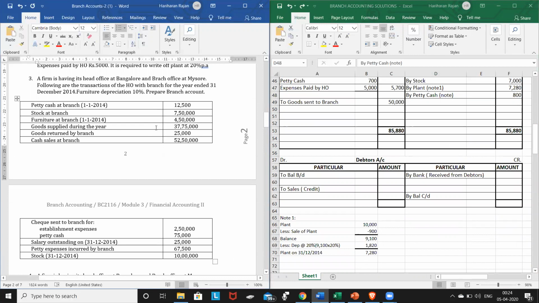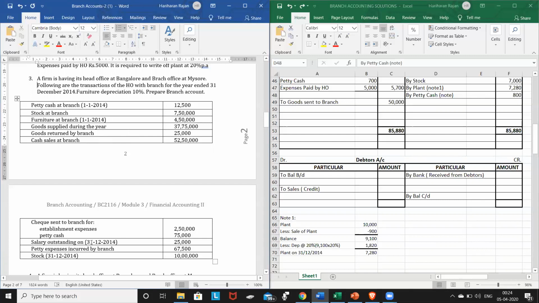Goods sent during the year 37,75,000. Goods returned 25,000. Cash sales 52,50,000. A cheque is sent to the branch by the head office for establishment expenses 2,50,000. Petty cash 75,000.